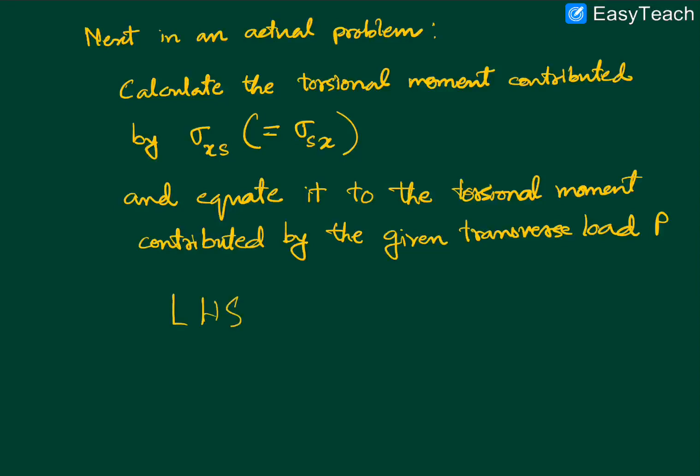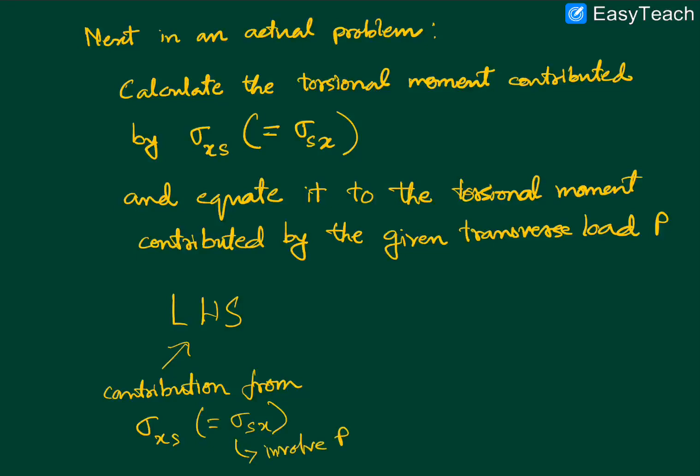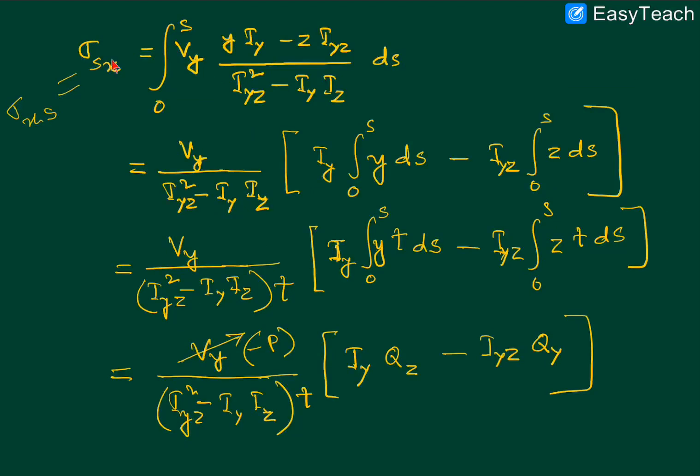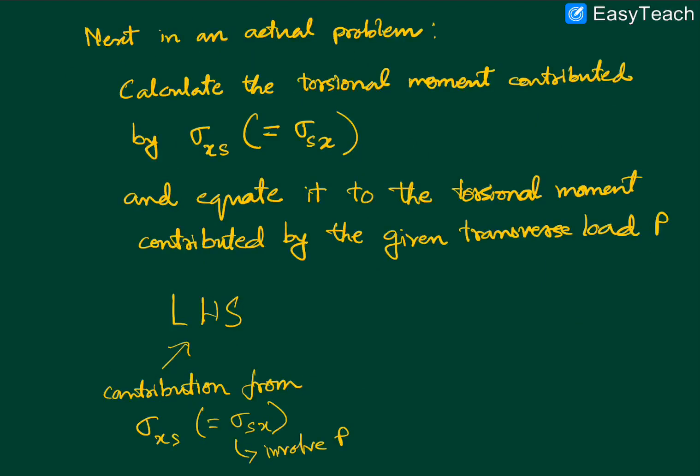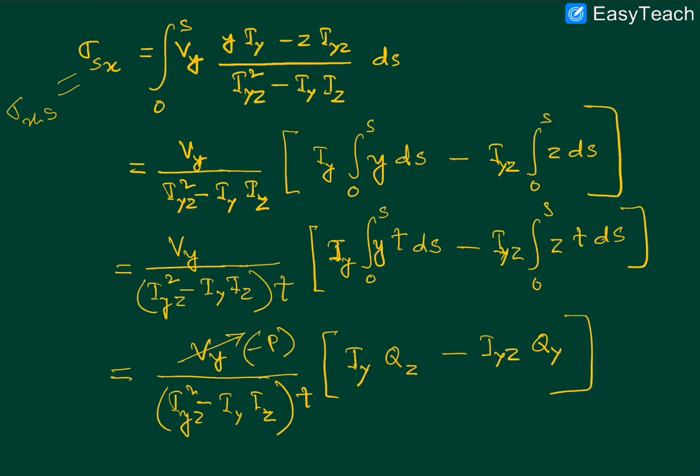So on the left hand side, we'll have the contribution from sigma xs, which is equal to sigma sx, and this thing will involve the P, because as we have seen in the previous page, the expression for sigma sx involves this P. And on the right hand side, what we are going to have is the torsional moment contributed by the given transverse load. And what is that value?